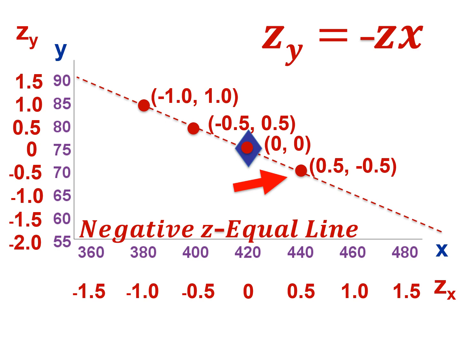If you multiply the first coordinate by -1, you get the second coordinate. The coordinates are the same except their signs are opposite. And here's another point, 1 and -1. Again, if you multiply the first coordinate by -1, you get the second coordinate. You get the idea. For every point on this line, if you take the first coordinate and multiply it by -1, you get the second standardized coordinate. c of y is equal to c of x times -1.